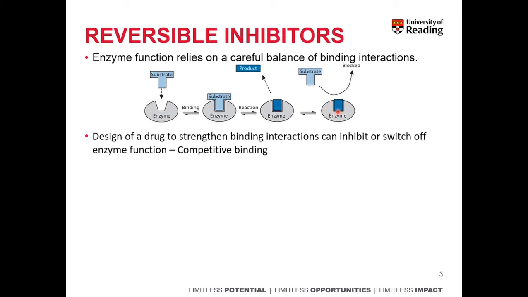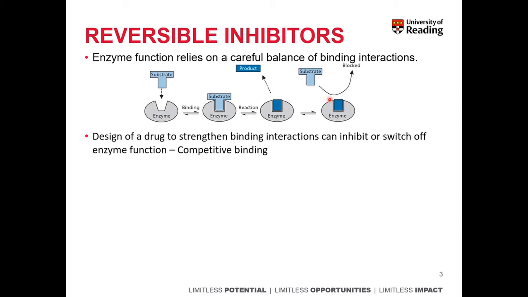Now, if the product is not released, it blocks the active site of the enzyme and it stops the next substrate molecule from entering into the enzyme and reacting. Now, this idea of having a substrate molecule and a tightly bound molecule in the active site compete is the idea of competitive binding.